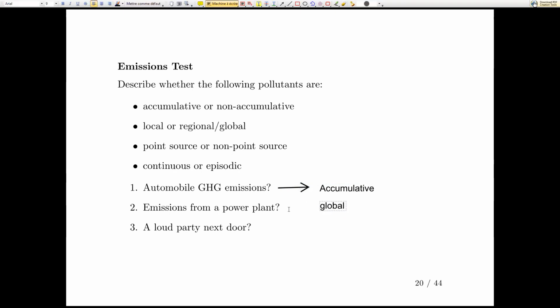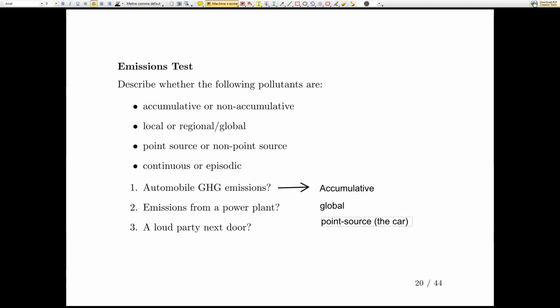Point source or non-point source? Yeah, you could say it's point source, the car. There's some way to monitor how much each car model emits. So in that way, it's possible to have a good idea of what's going on.